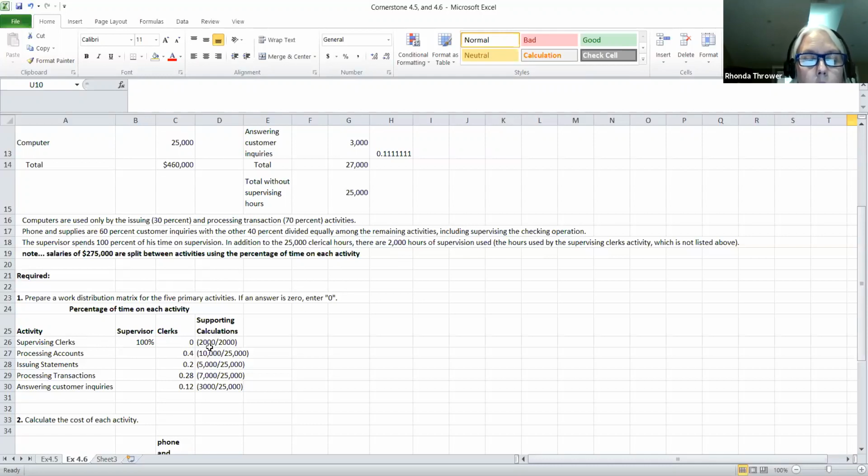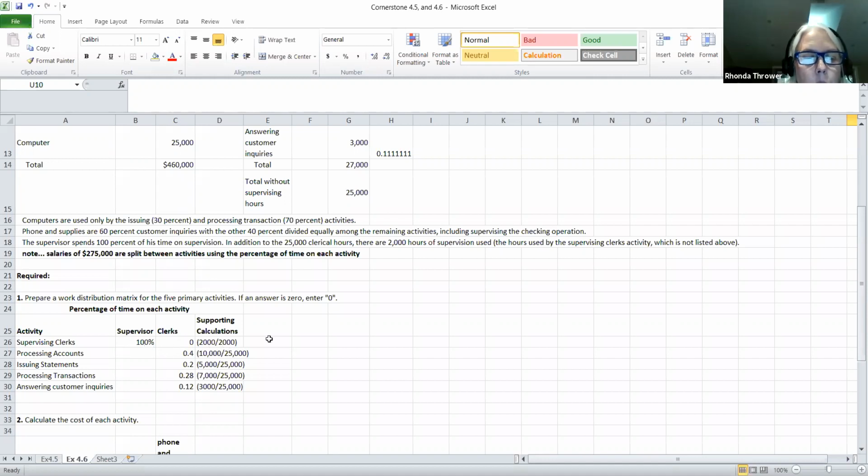There were 2,000 supervisor hours divided by the total supervisor hours, which would mean that the supervisor spent 100% of their time supervising the other clerks. The clerks wouldn't get any of this, in other words.